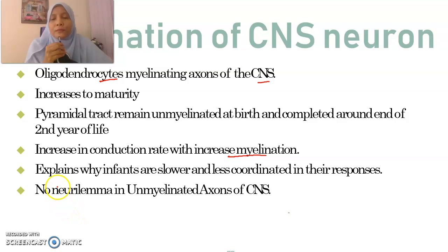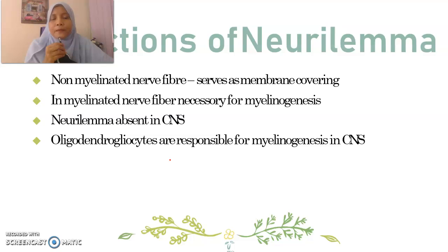So the infant also has no neurolemma, okay, it's not like the PNS. Inside the PNS, they have neurolemma for unmyelinated axons, but in the CNS, there's no neurolemma for unmyelinated axons. Okay, so what's the function of neurolemma? Neurolemma is for non-myelinated nerve fibers, but it only acts as a covering and protecting membrane.